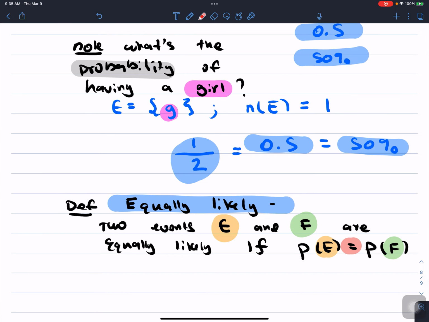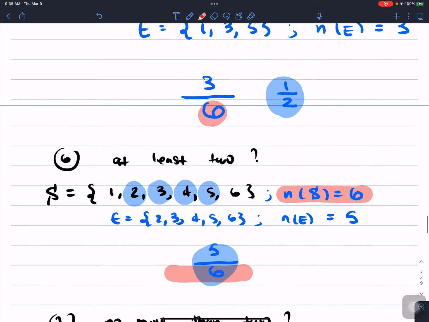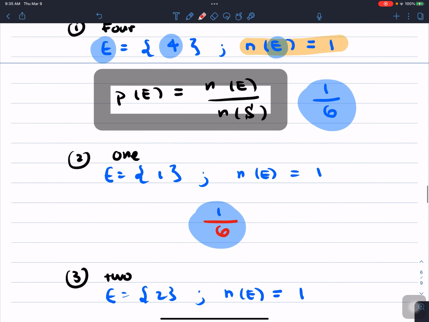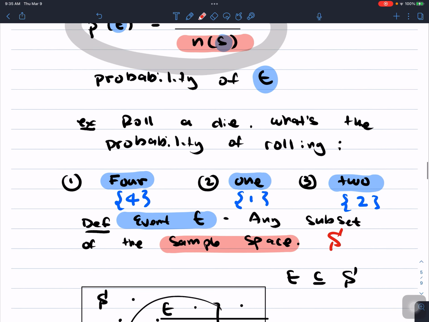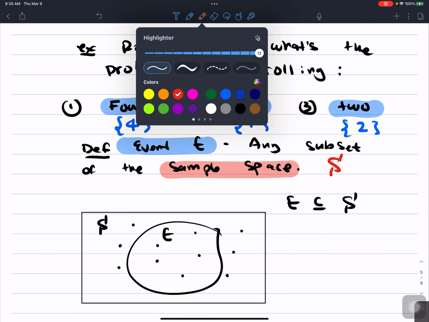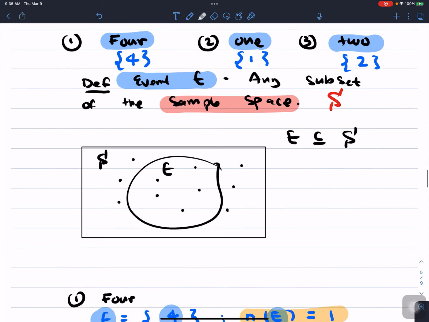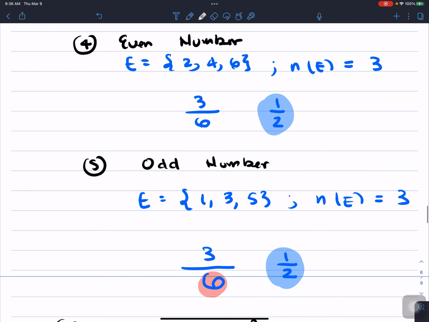So now that you have that definition, go back to your examples here. Can you guys tell me anything about being equally likely? When you roll a die, remember this idea we started this morning with? You roll a die, ladies and gentlemen. Which one of these events are equally likely? Can you apply the definition? An odd or even? Yeah. Exactly.